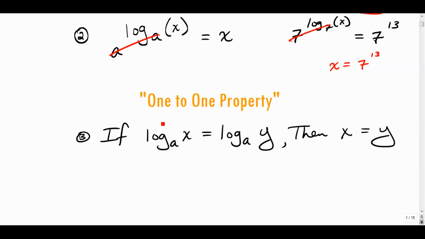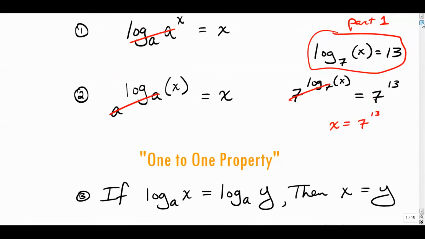If you see log base a of x equals log base a of y, and your job is to find the value of this, all you need to understand is that if they have the same log bases, then set the numbers equal to each other. For example, if you see log base 12 of x equals log base 12 of 7, then x equals 7. That's the one-to-one property.